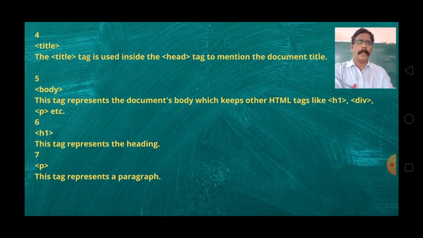The title tag is used inside the head tag to mention the document title. Fifth, body. This tag represents the document's body, which keeps other HTML tags like heading, division, paragraph, etc.